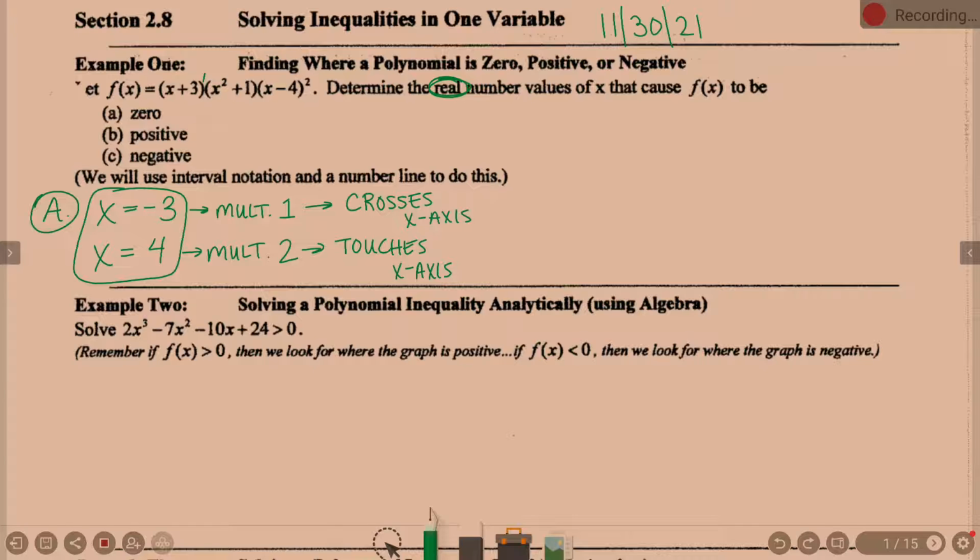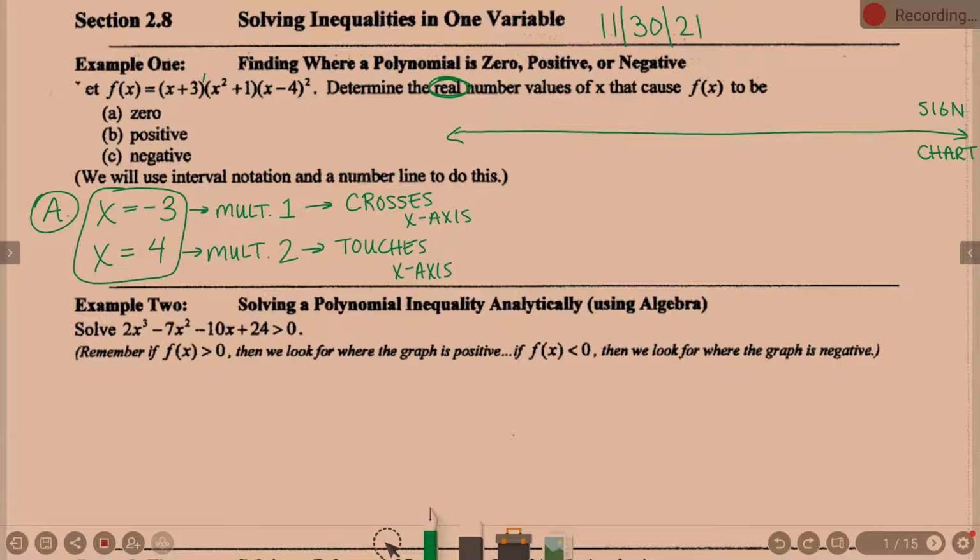Okay, so that takes care of A. What values of x cause this function to be 0? That's at x equals negative 3 and 4, which are also our x-intercepts. Now, when we talk about positive and negative, we're going to practice doing something called a sign chart. In order to do a sign chart, I'm going to set up kind of a number line here. This is my sign chart I'm setting up.